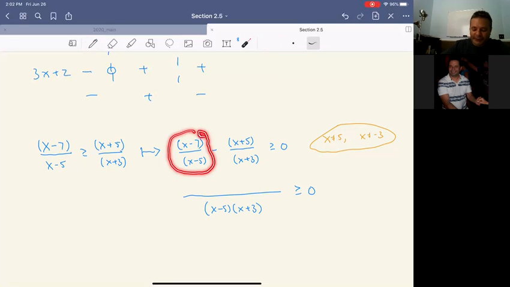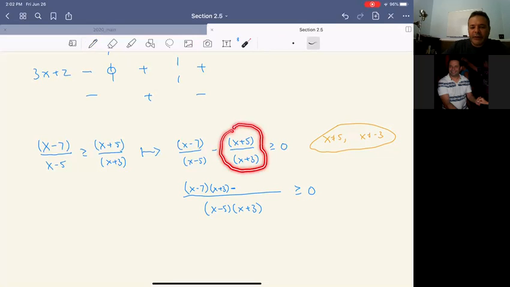So x minus 7 times x plus 3, minus, what's missing here to get the common denominator? We need the x minus 5 term. x plus 5 times x minus 5.